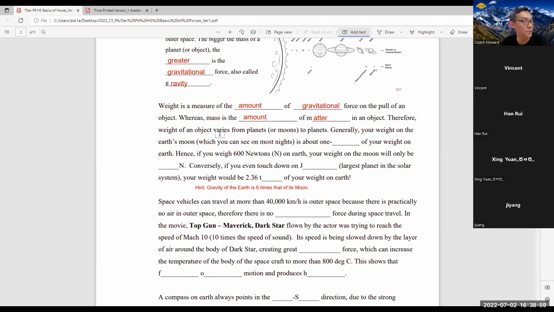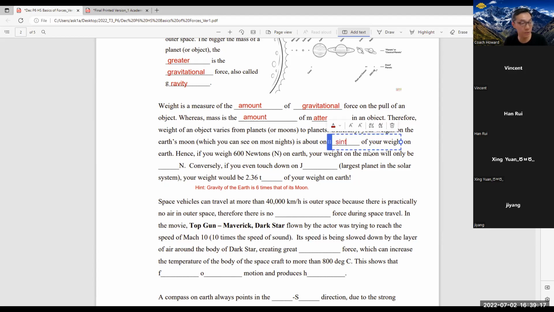Therefore, the weight of an object varies from planet or moon to planet. Generally, your weight is your weight on the Earth. On the Earth's moon, your weight is about 1/6. So you take note of this.